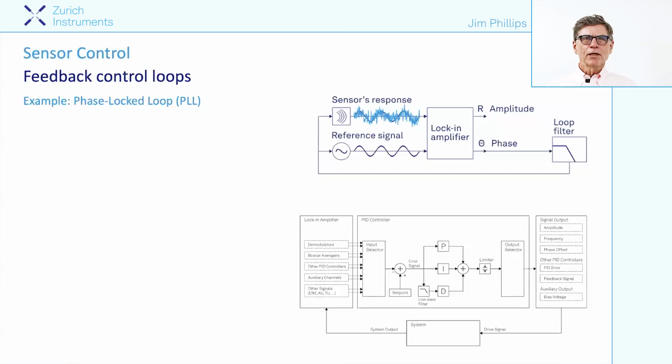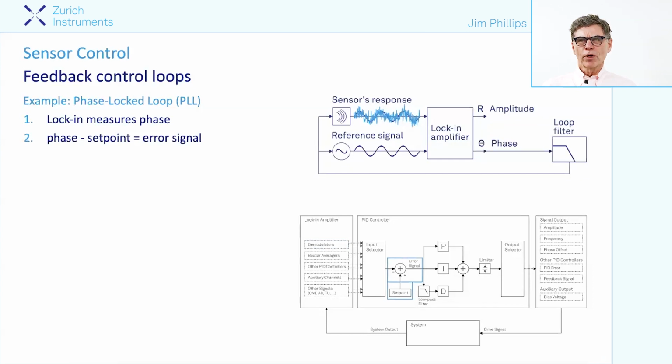Kıvanç, let me jump in here and define a feedback loop and show how we set one up on the digital lock-in amplifier. So I'll use a phase lock loop as an example. In a phase lock loop, we take an oscillator signal, we feed it to a resonator. The lock-in amplifier measures the phase coming back from the resonator, and that phase varies through the resonance, so it allows us to set our position with respect to that resonance.